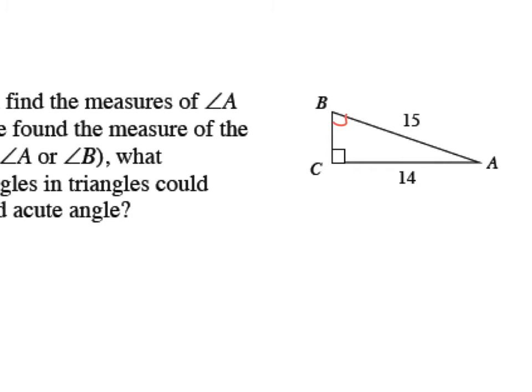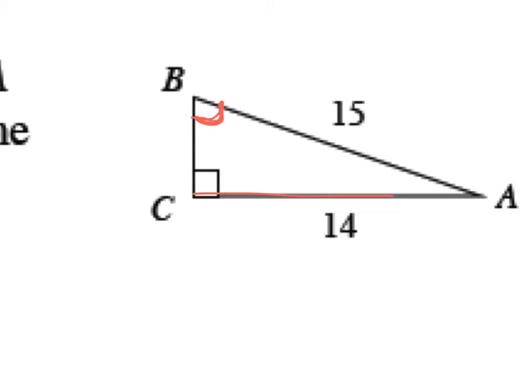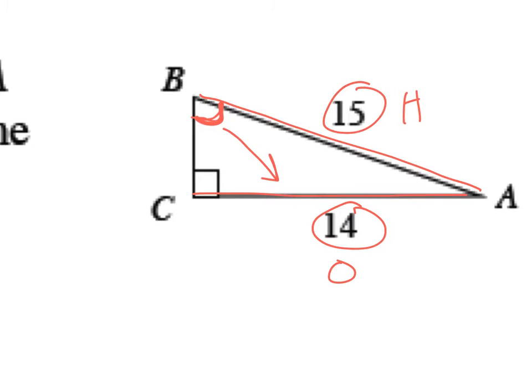I'm going to start by trying to find the measure of angle B. It doesn't matter if you used A or B, but if I am trying to find the measure of angle B to begin with, then the ratio of sides that I have is this one and this one, and so this length of 14 would be opposite the angle B, and so then this 15 is the hypotenuse, and the fact that it's across from the 90 degrees.